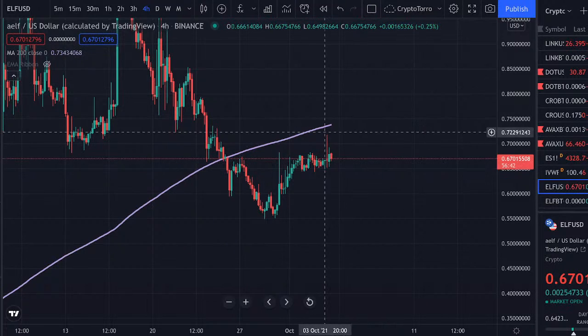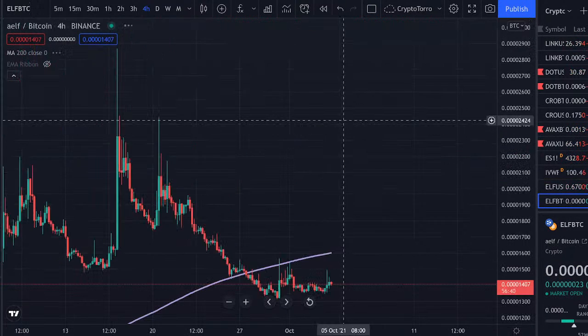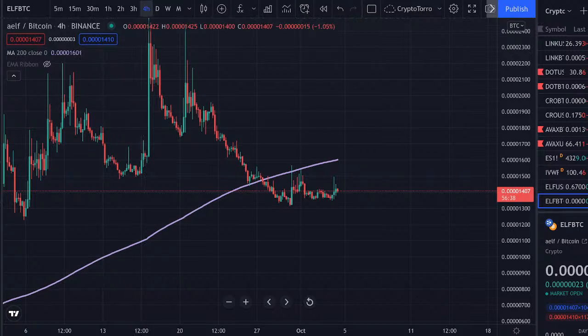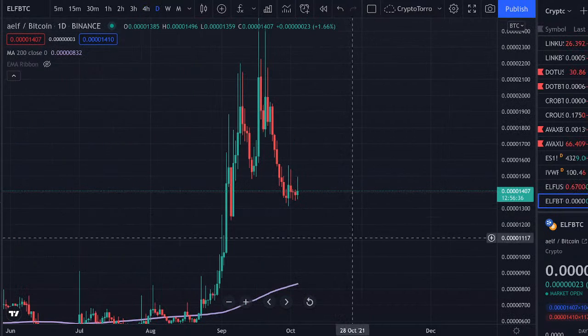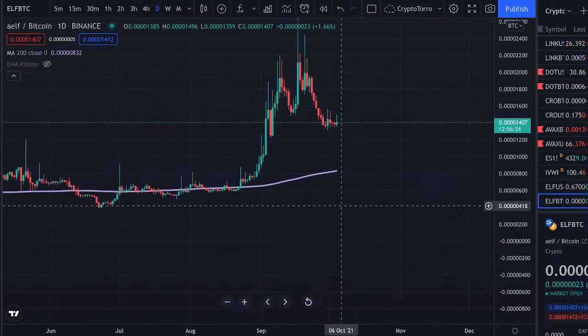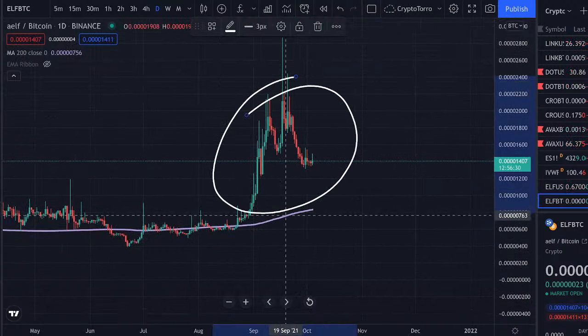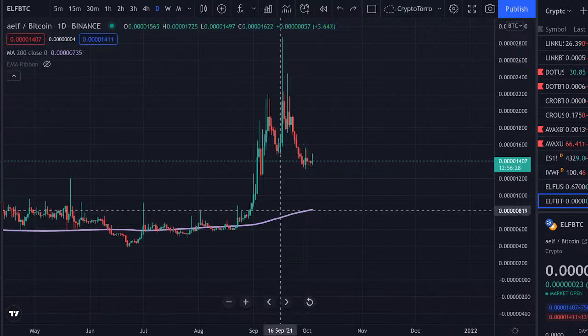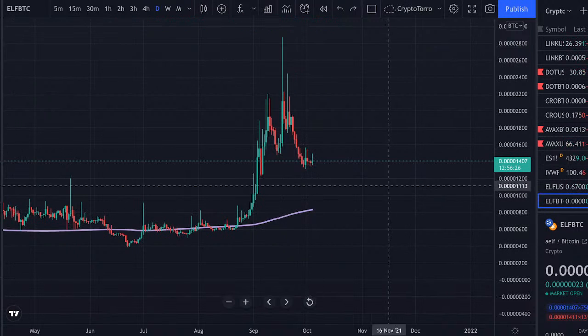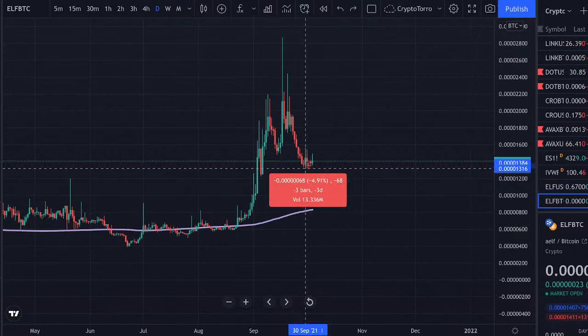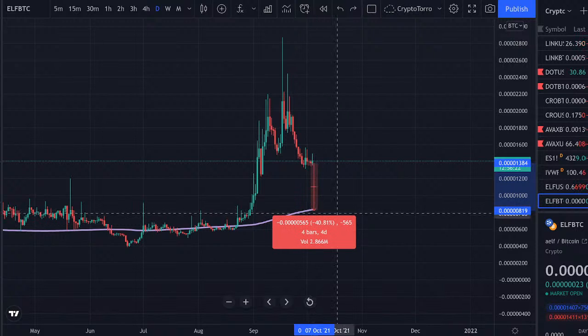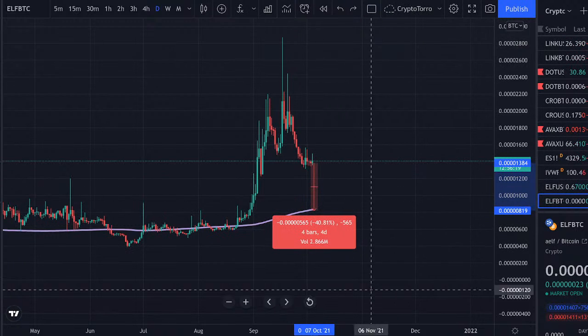Let's take a look at ELF compared to the BTC chart on the daily time frame. What I think is important over here is that you can clearly see that we are actually super overextended compared to the 200-day moving average. You can clearly see that the 200-day moving average is still far away underneath us. And for altcoins on the 140th position, this is still a 40% drop.